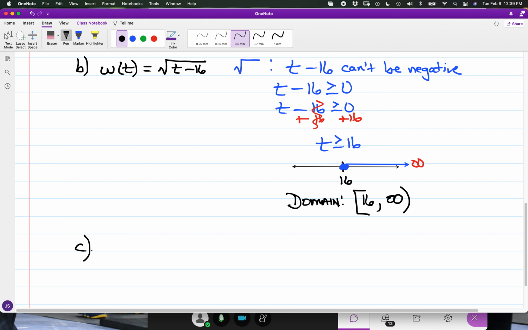And for part C, now we have the function z of t equal to 1 over the square root of 16 minus t. And again we're kind of back to that twofold situation. Again, we have a square root, so 16 minus t cannot be negative.